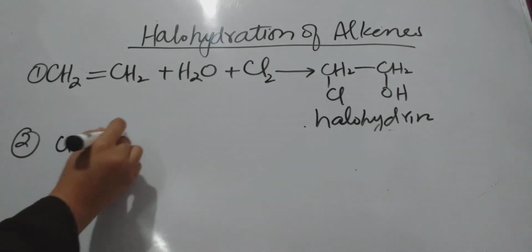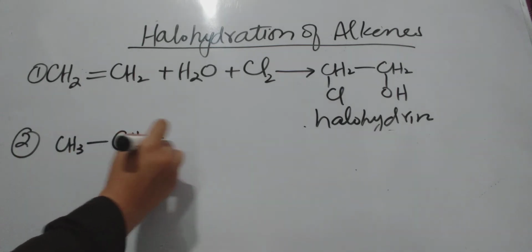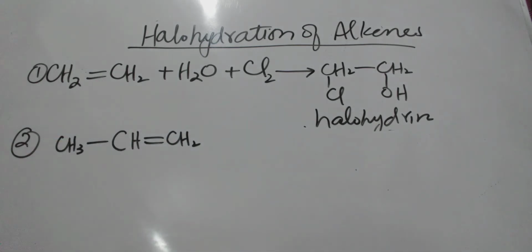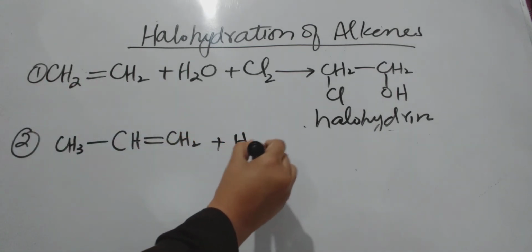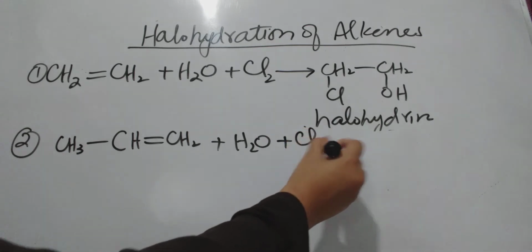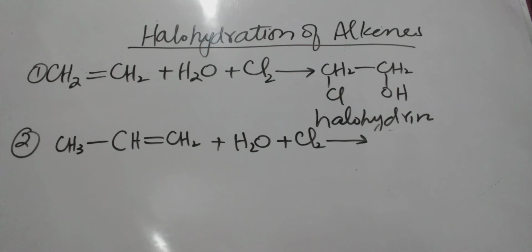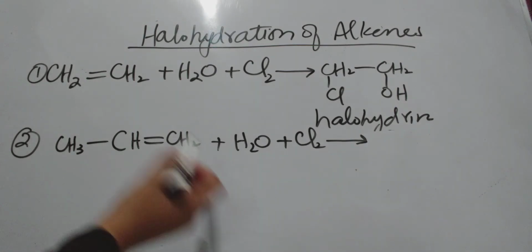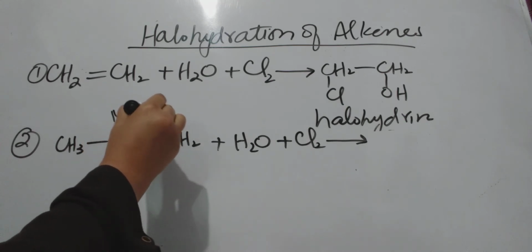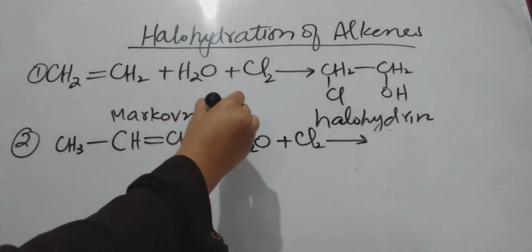You take propene, and now you carry out this halohydration reaction. Always keep in mind that in this reaction the OH will be considered electronegative, and the chlorine will act as the electropositive reagent. Here we will apply Markovnikov's rule.